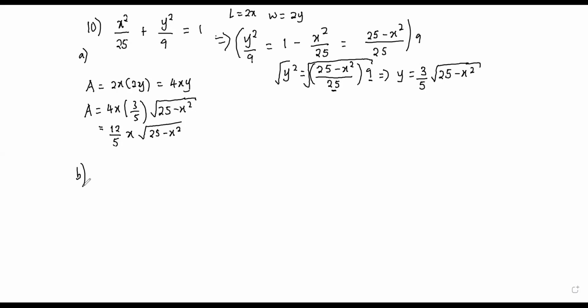B, find the dimensions of the rectangular soccer field that will give the maximum area. Now to find the dimensions, that's where we do the derivative. So we do dA/dx. We can actually write this as 12x over 5 multiplied by 25 minus x squared to the power half.